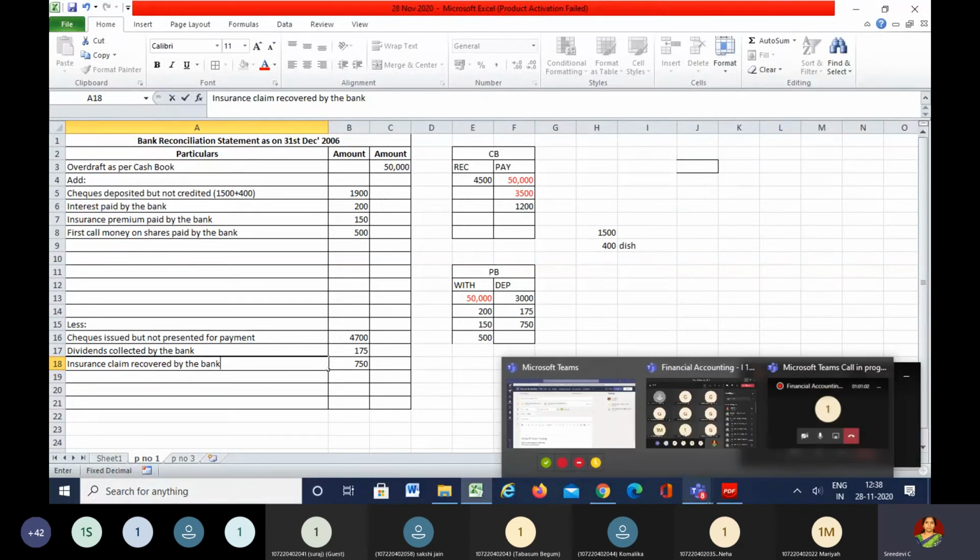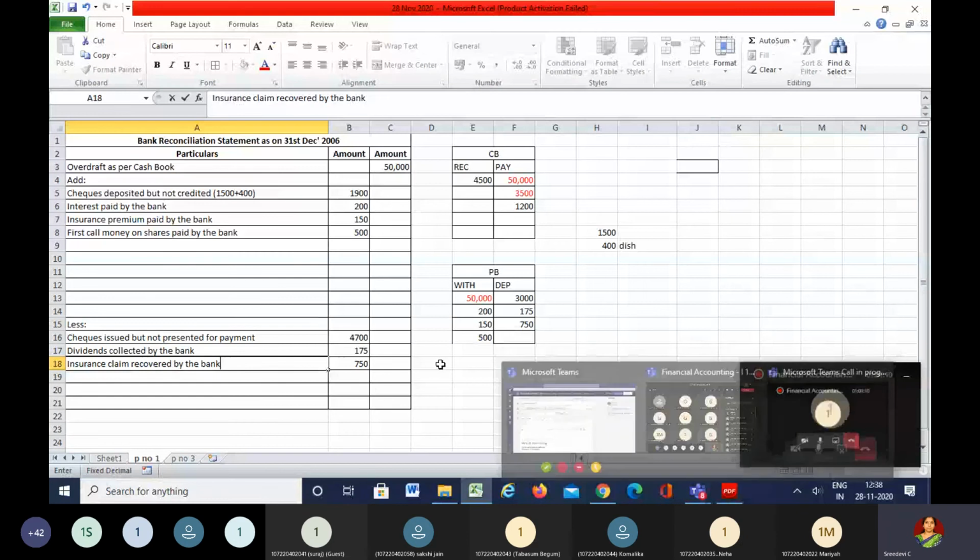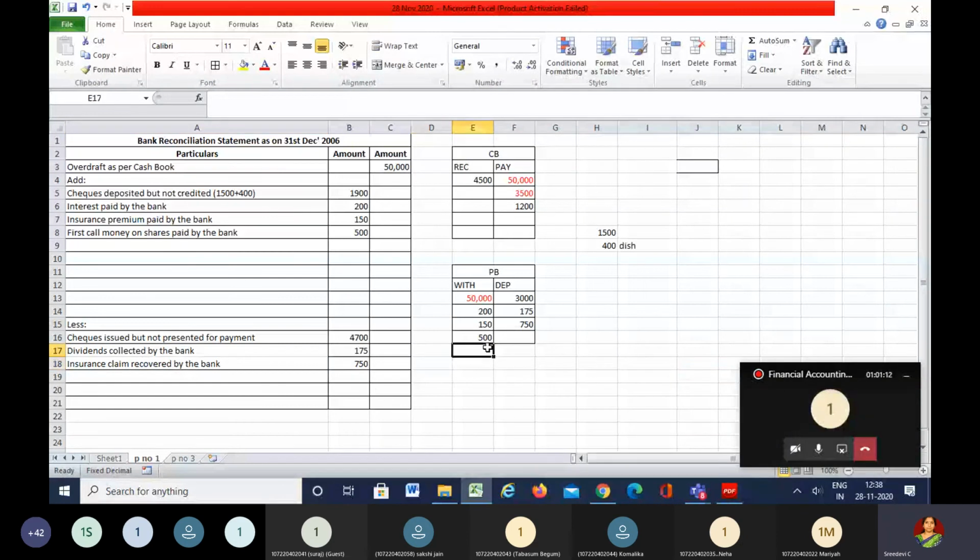Okay, the next we have, and their charges and commission on the above being 20. When it comes to bank charges, it has to be recorded on the debit side. Because of which, again, the passbook overdraft will be more. So add it.